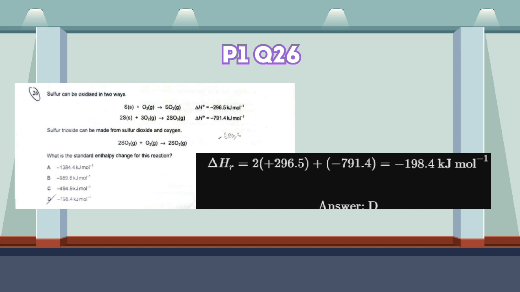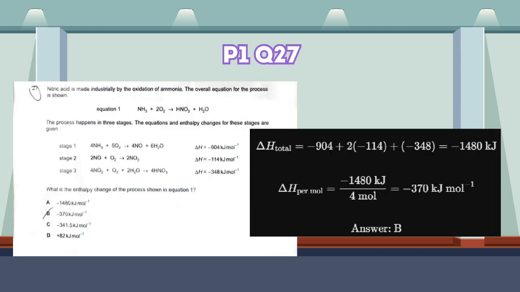And then the next question is from paper 1, question 26. We use the formula delta H reaction equals 2 times plus 2 times 296.5 plus minus 791.4 equals minus 198.4 kilojoule per mole. The answer is D. And then the next question is from paper 1, question 27.